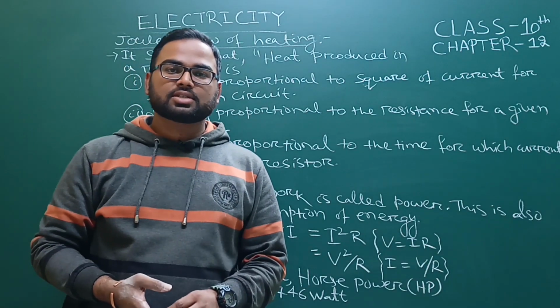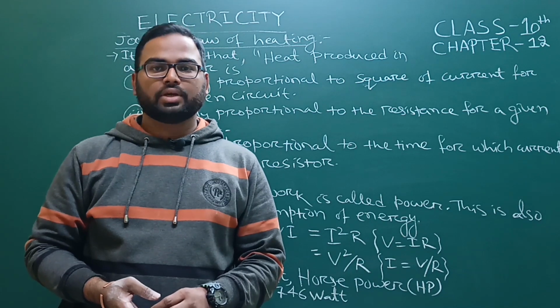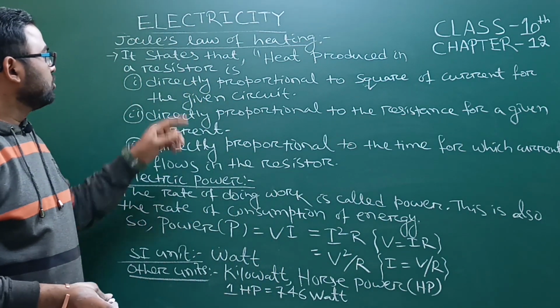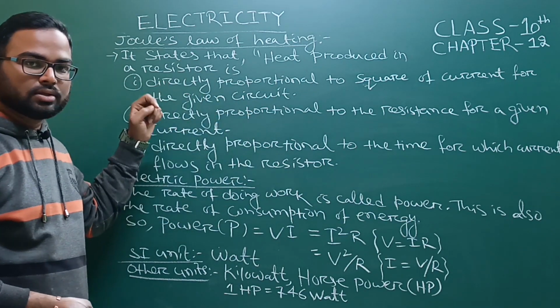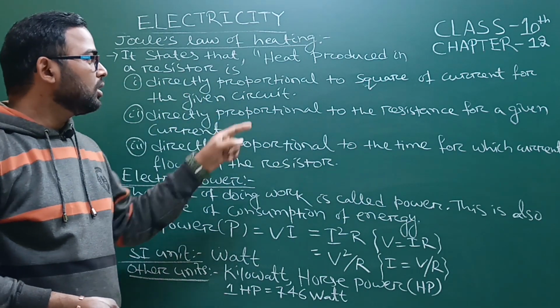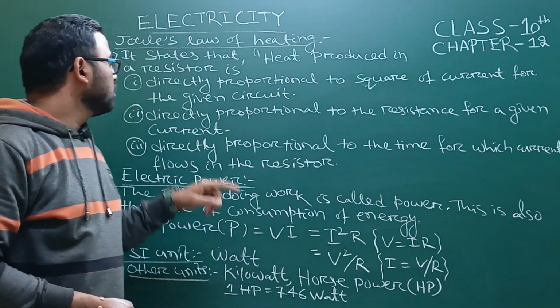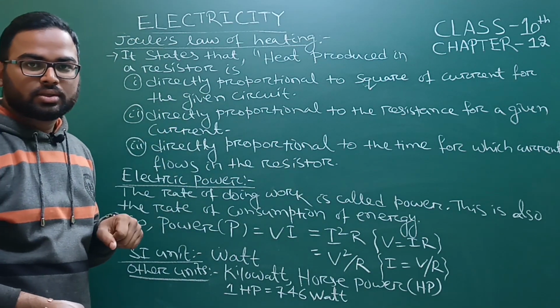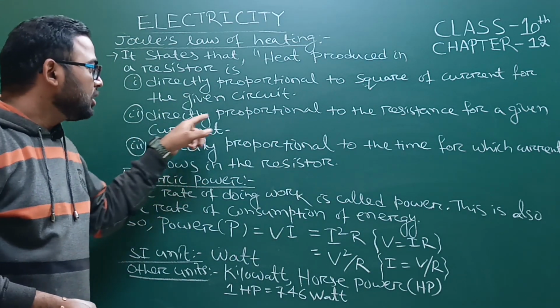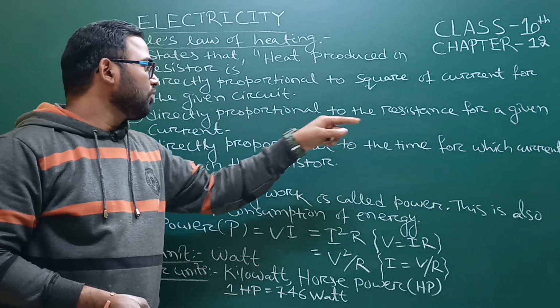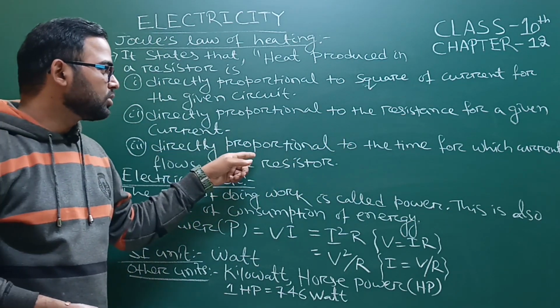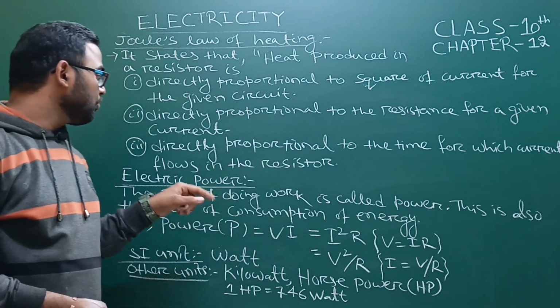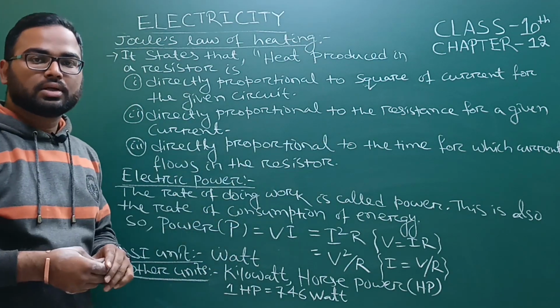Now we will discuss about Joule's law of heating. Joule's law of heating states that heat produced in a resistor is directly proportional to square of current for the given circuit, directly proportional to the resistance for a given current, and directly proportional to the time for which current flows in the resistor.